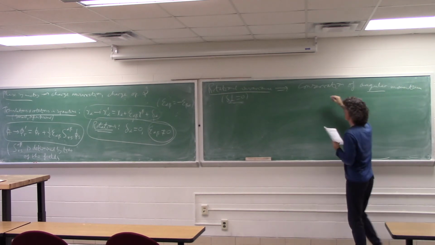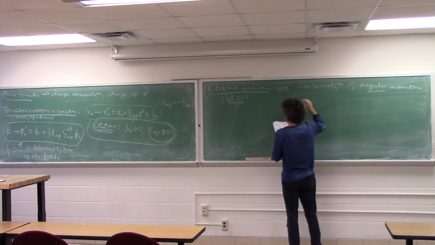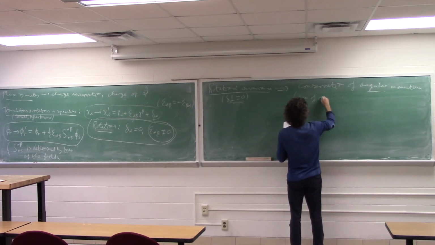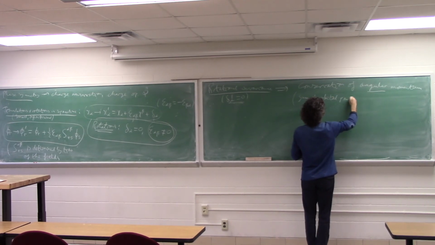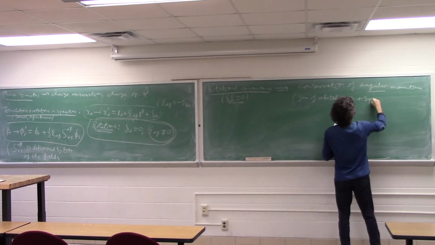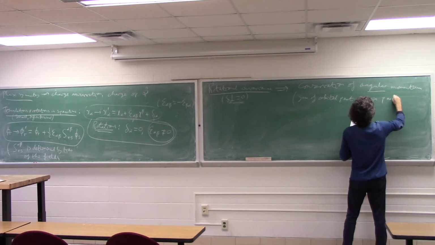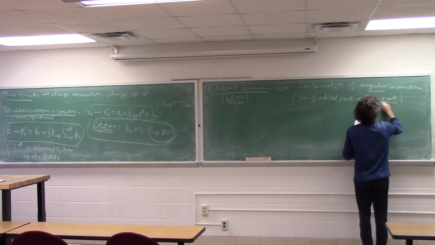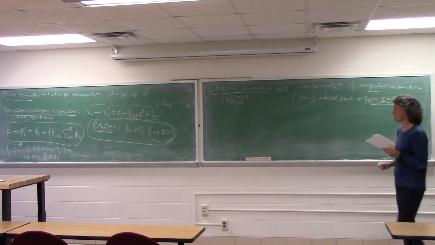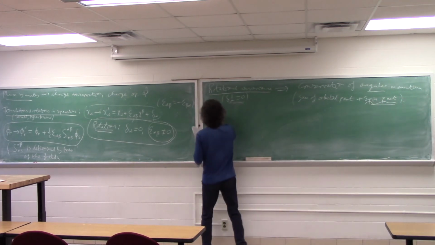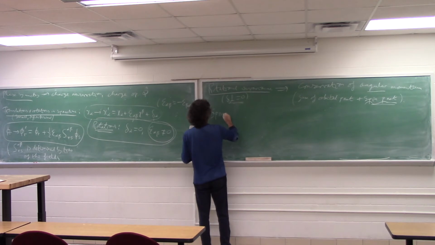Angular momentum. And the angular momentum is a sum of an orbital part plus a spin part. Now what we're going to need is the expression for the spin part.